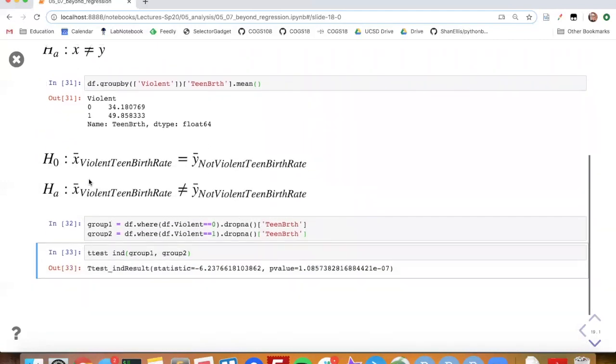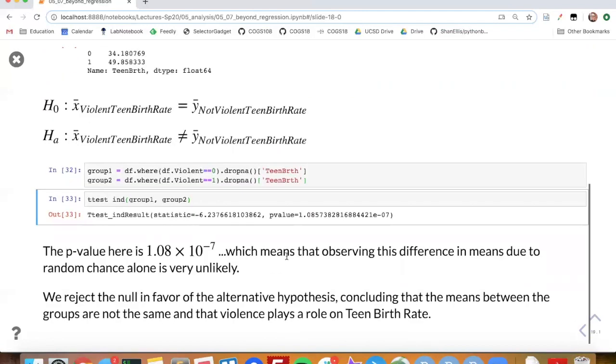So we can conclude that we reject the null in favor of the alternative. We would conclude that the mean teen birth rate is not the same between violent and less violent areas. So observing this difference due to random chance is very unlikely. So as I said, we reject the null in favor of the alternative hypothesis.